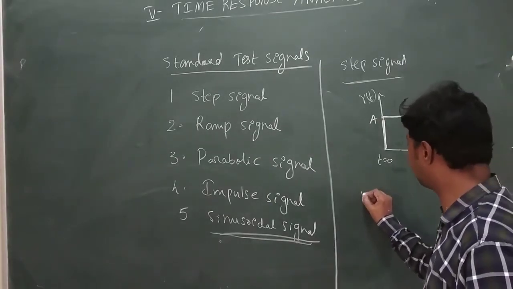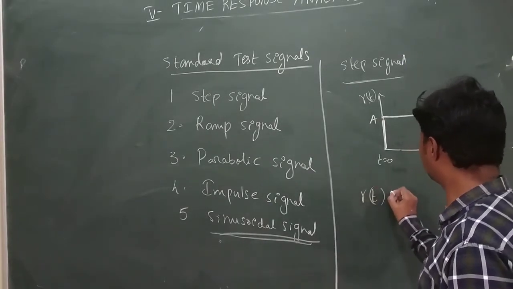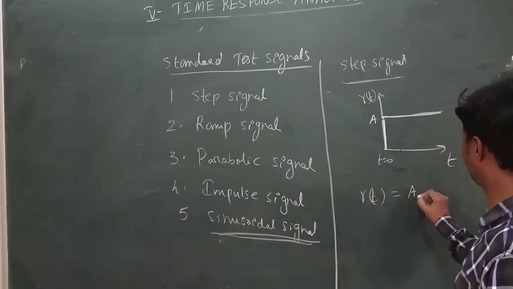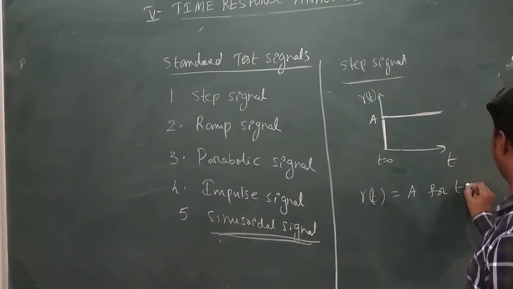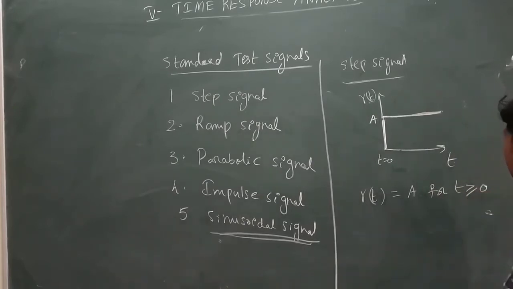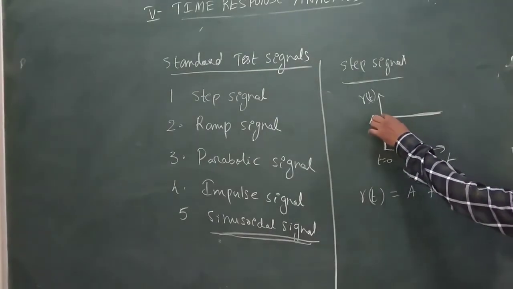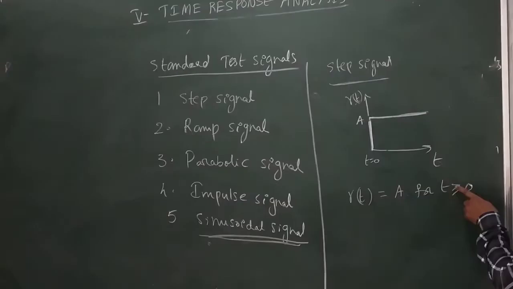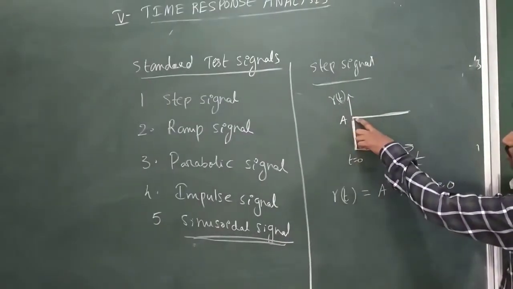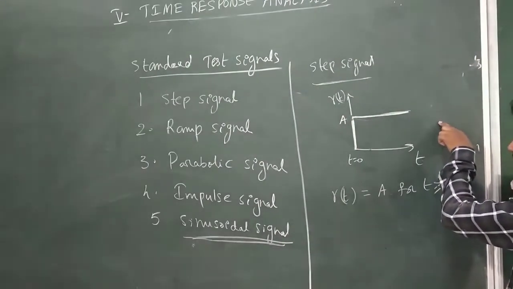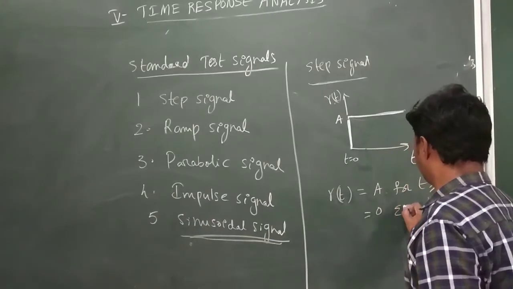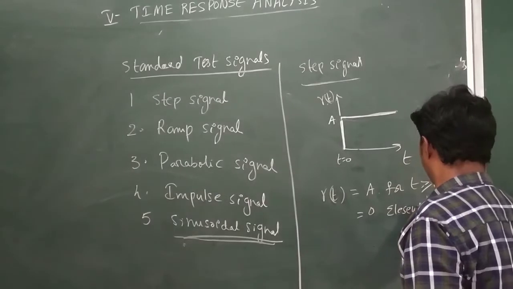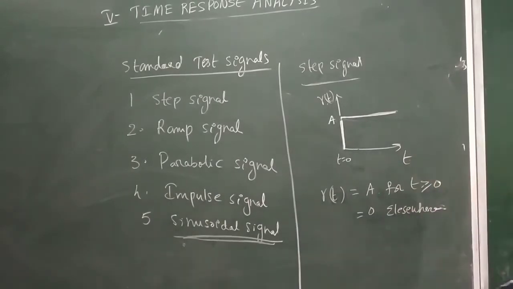So R of t is equal to A for t greater than or equal to 0. When t is equal to 0, it rises to this point, and for all t greater than 0 it maintains constant. Then R of t is 0 elsewhere.